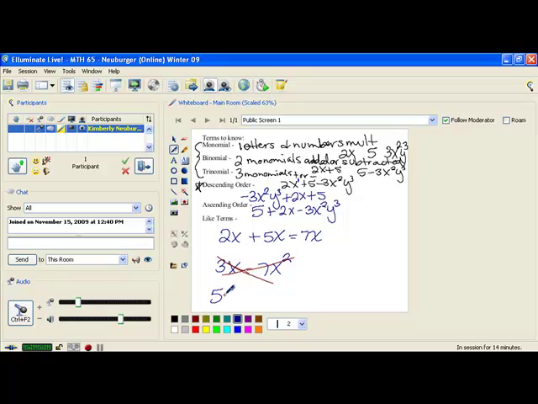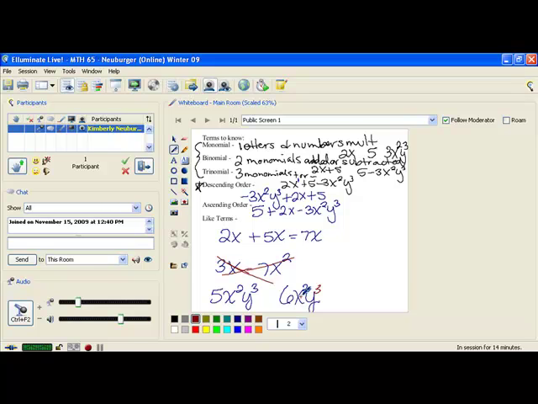So if I have a 5x squared y cubed, and let's say I have a 6x squared y, these actually would not be like terms, because if you look at them, the y here has a 3 for an exponent, and this one just has that invisible 1. So those would not be like terms. If I had a 3 right here, then they would have been like terms. But the variables have to match and the exponents have to match.